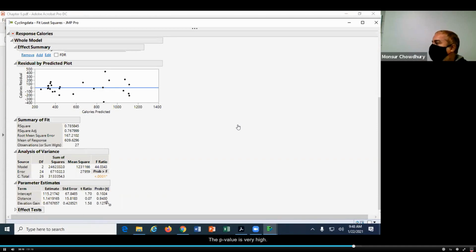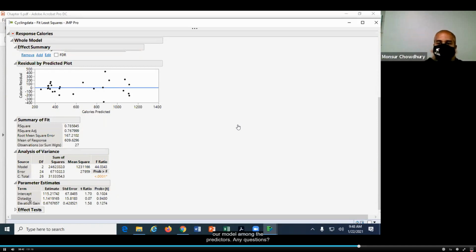The p-value is very high. So it shows that none of them are useful. This is a contradictory result, and this is called redundancy. That means if the F test shows that the overall model is useful, but the individual tests of the parameter estimates show that none of the predictors is useful, this is a contradiction, and this contradiction tells us that there is a redundancy among the predictors in our model.